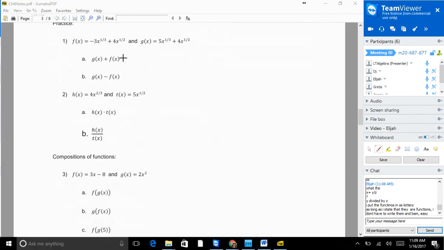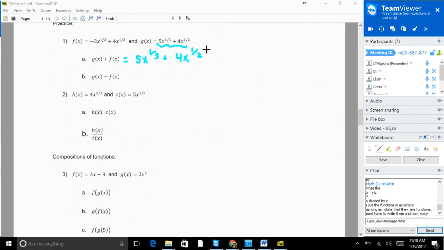Gotcha. So if you want to add two functions together, you just substitute in what the function is and add it together. So g of x is, and this is the painful part, watch me write it. g of x is 5x to the 1/3 plus 4x to the 1/2, right?